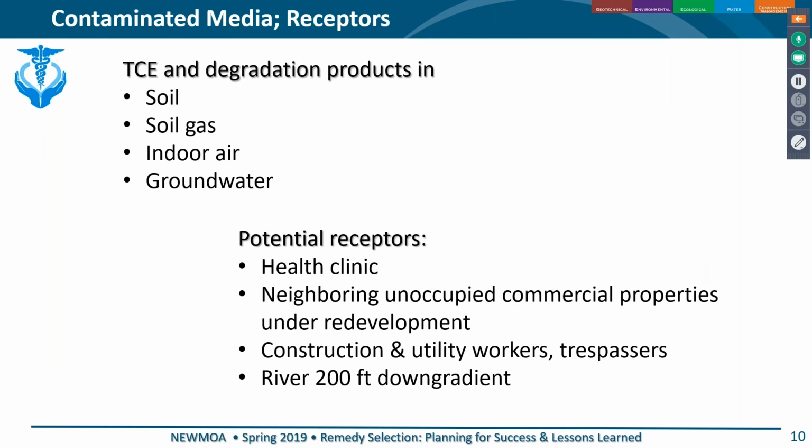So basically all the site media were contaminated. The receptors were really future receptors, the health clinic, which wasn't built yet at the time of the phase 3, and also the neighboring properties, which are under development. They were unoccupied at the time.